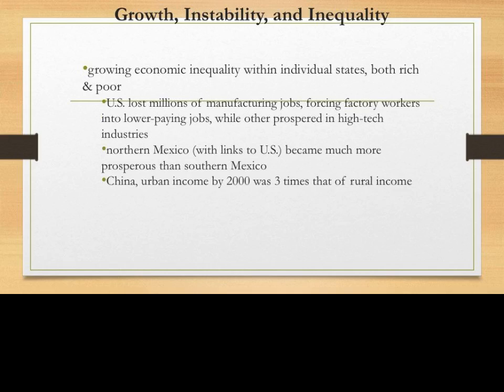Growing economic inequality within individual states, for both the rich and the poor, is also an issue. The United States lost millions of manufacturing jobs, forcing factory workers into lower-paying jobs, while others prospered in high-tech industries. Northern Mexico, with links to the United States, became much more prosperous than southern Mexico, for example. And in China, urban income by 2000 was 3 times that of rural income.